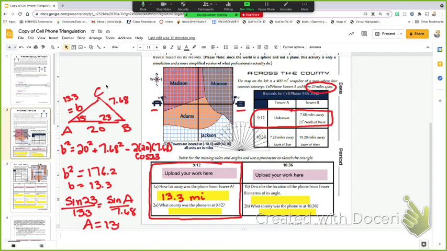So A is 13 degrees. So now you've got to transfer that to your map, okay? And you've got to transfer it to scale.